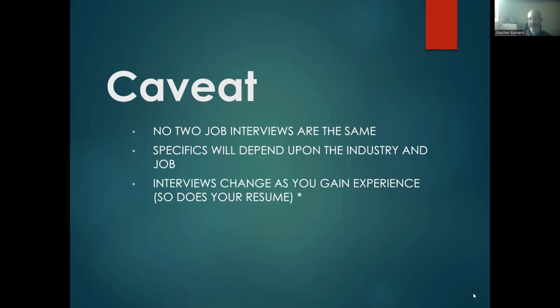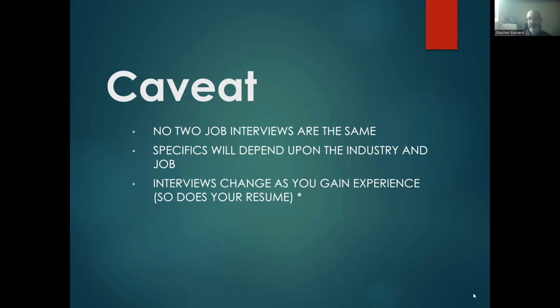There are big differences between the kind of interview that a company will give a new employee being hired for an entry-level position and the interview for someone with 10 years of experience in the industry. The questions will be different, the approach will be different. So keep that in mind as I give this information.